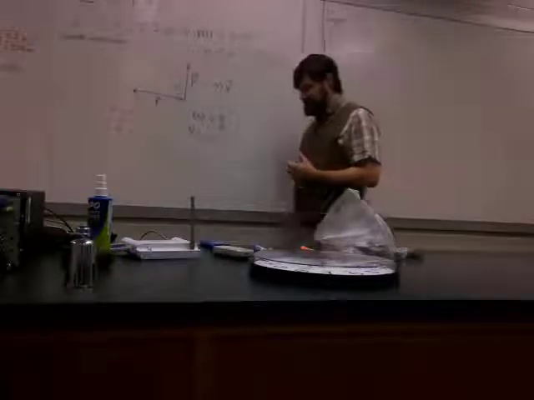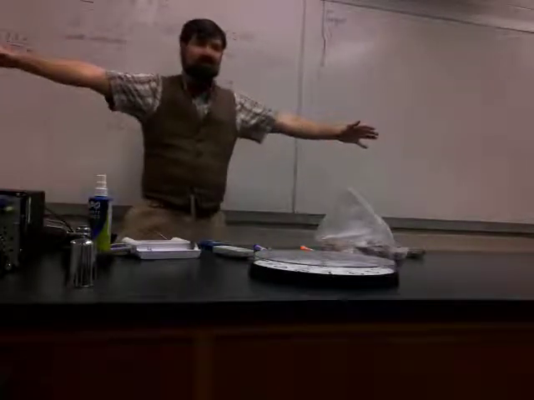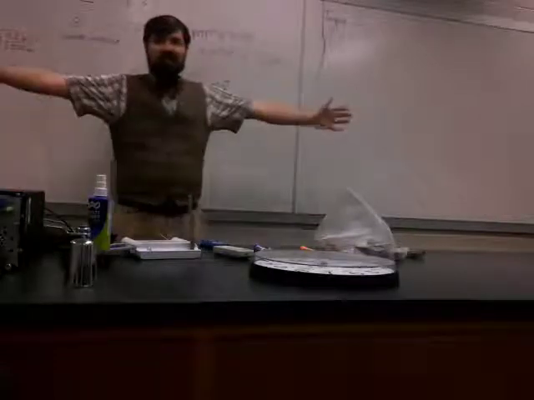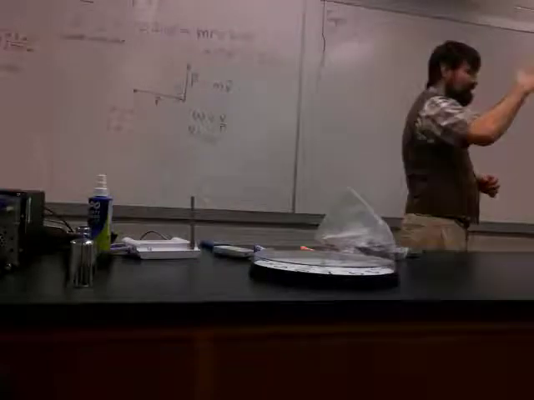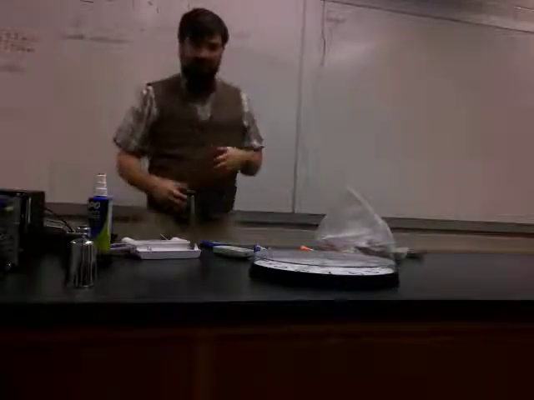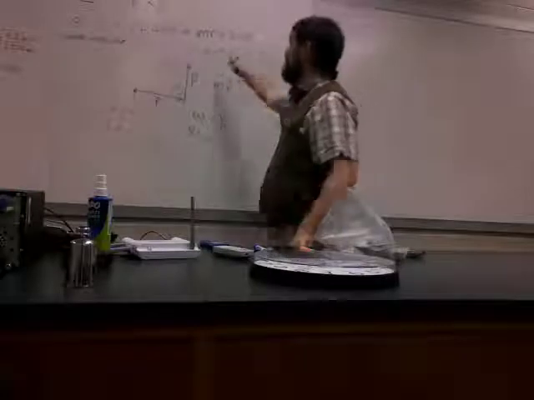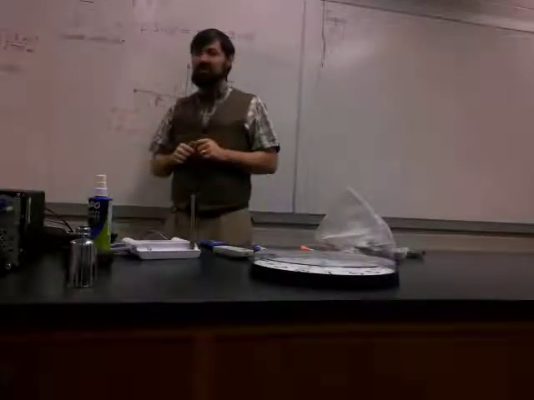They usually start in some pose like this and start spinning slowly, and then they bring their arms in close, and they suddenly speed up when they do this. That's an example of what's called conservation of angular momentum. It turns out that, like with linear momentum, angular momentum is also conserved.